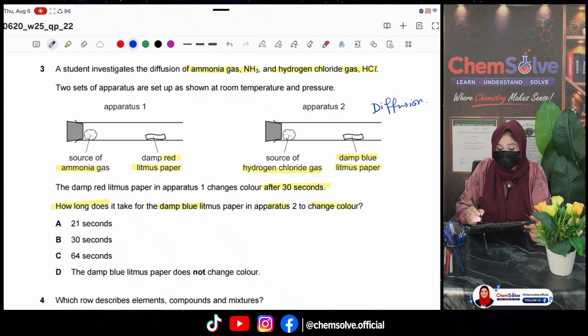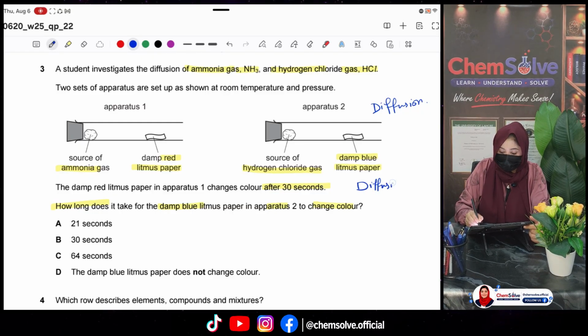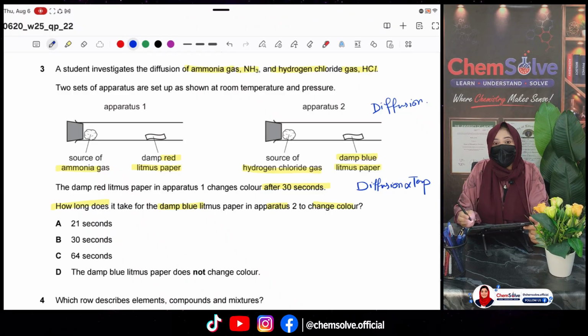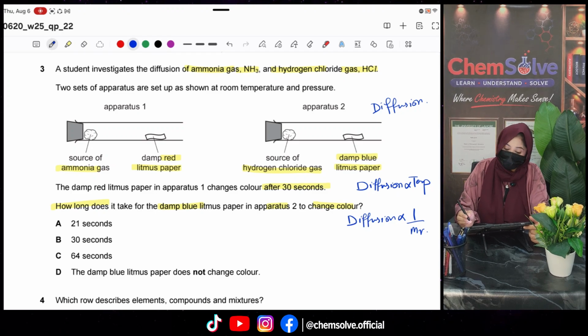Diffusion depends upon two things. Number 1, rate of diffusion is directly proportional to temperature. Higher the temperature, higher the rate of diffusion. And rate of diffusion is inversely proportional to the molar mass. Higher the molar mass, lower will be the rate of diffusion.